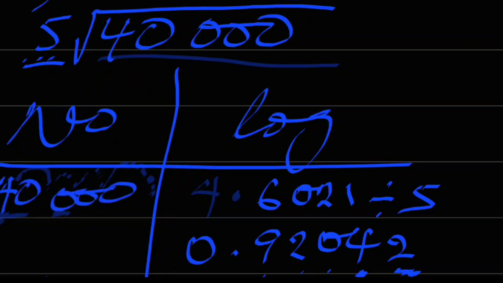What's the first thing? Is to get our integer. The integer is the number of times the decimal moved to be at the standard form. And standard form is the decimal must be before the first significant figure. This is the first significant figure here. So the decimal will definitely come to this side. We said if decimal is not written, consider it to be at the extreme end.